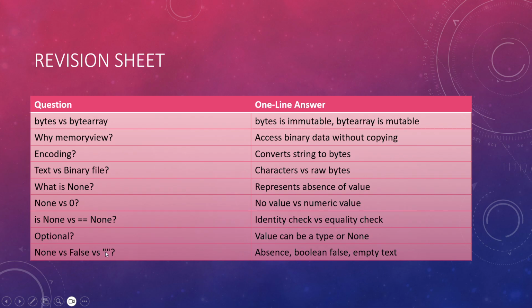Now None versus False versus empty string. None means absence, False means boolean false, and this means empty text, with the empty text going inside inverted commas. Hence, absence of a value should always be None.